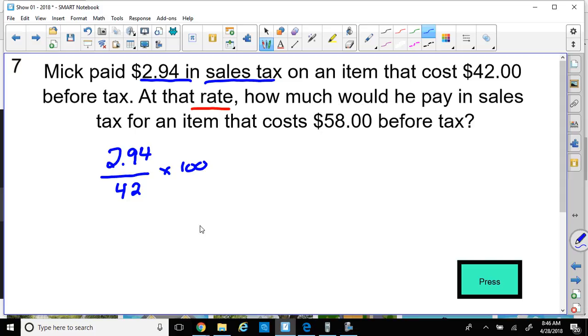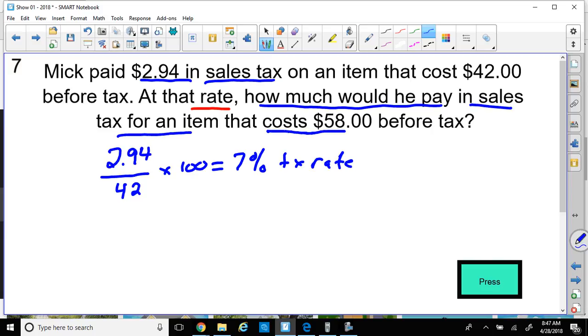So the sales tax rate would be 7%. That's the tax rate. But that's not the end of the question. They want to know how much would he pay in sales tax for an item that costs $58 before tax.